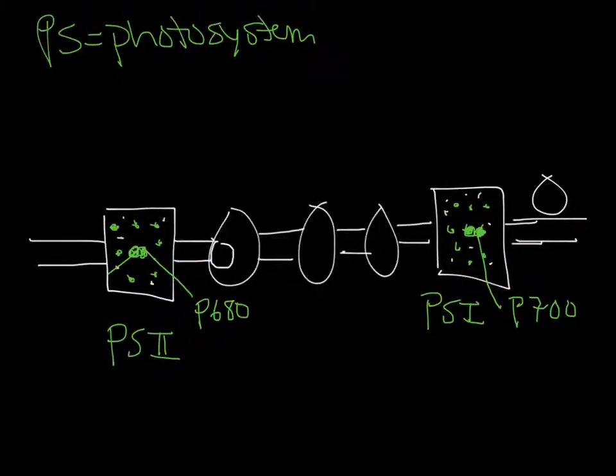So back to our drawing. Alright, so we have light energy coming into the system. It's going to hit a chlorophyll molecule, and it's going to bounce an electron out of its orbit and energize it, and then it's going to fall down and get captured by the next pigment molecule. Again, it gets bumped out of orbit and falls down over and over until it gets captured by these P680 chlorophyll molecules in the middle.